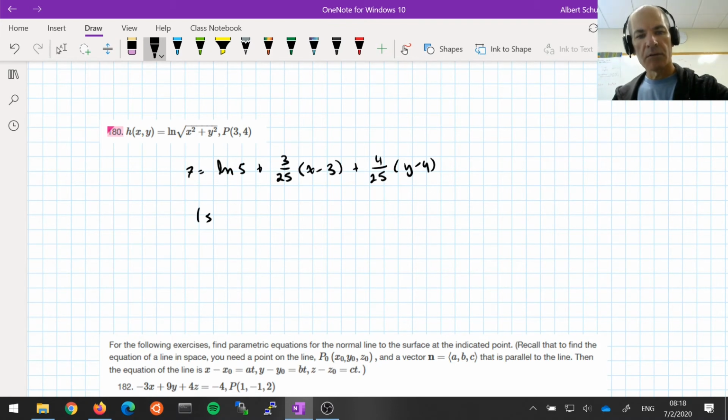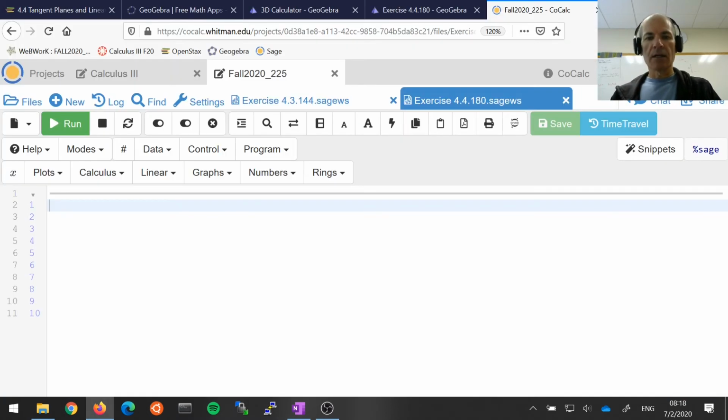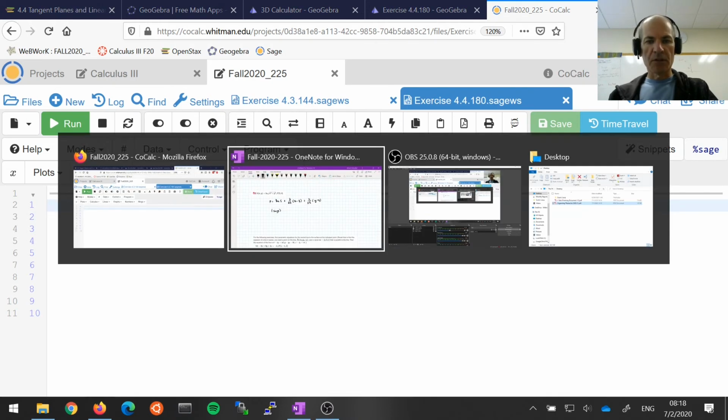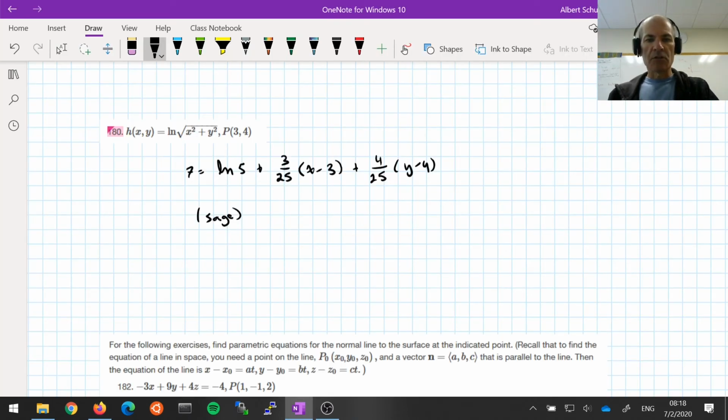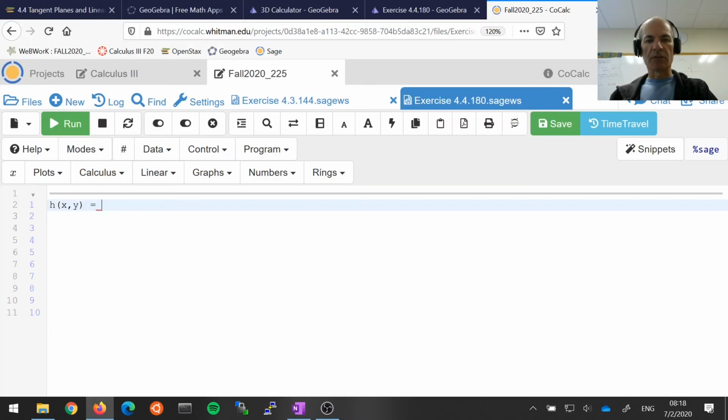And what I want to do now is move over to Sage, and we'll just put these two functions into Sage, and we'll compare their values for points that are near (3, 4). Looking at Sage, just to remind everyone, creating functions in Sage is pretty easy. For example, the original function I think was called h. So let's define a function h of x and y equal to the natural log of the square root of x squared plus y squared, like this.